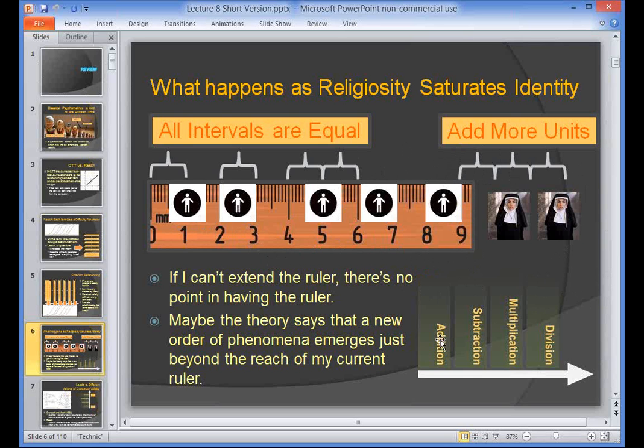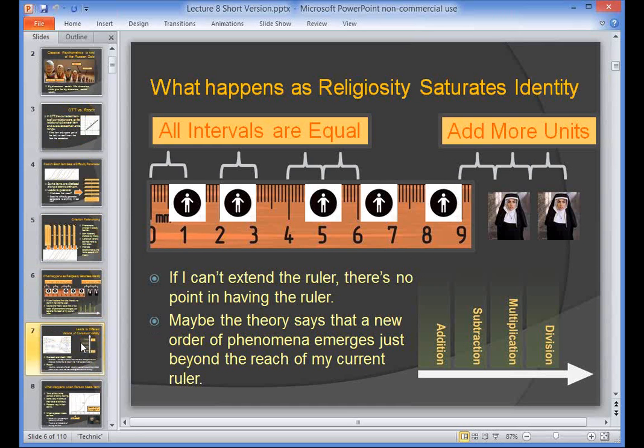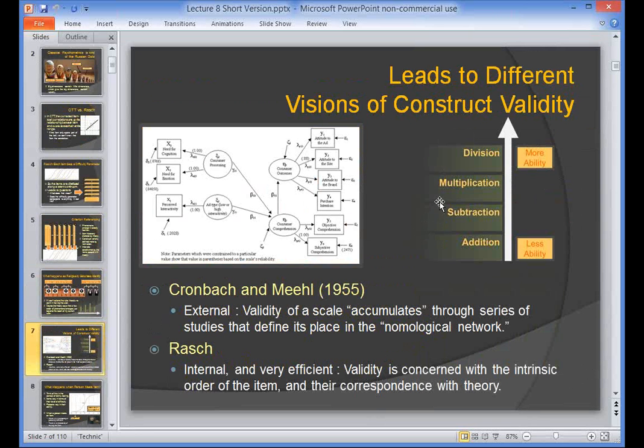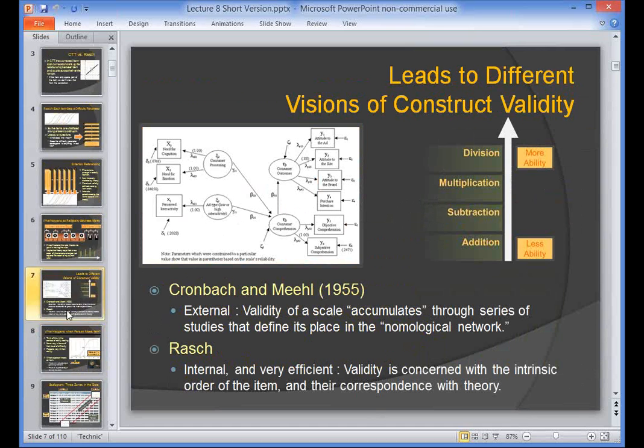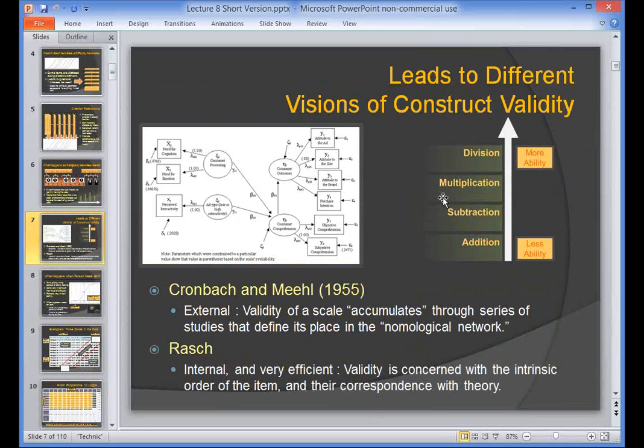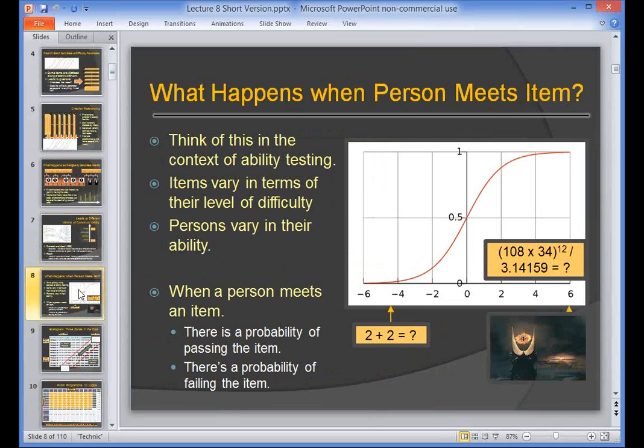Well, the theory tells us the item hierarchy. The Rasch analysis tests the item hierarchy and gives us a way of validating the items at the upper end of the item hierarchy. And as I said, these two notions of construct validity, they're two very different notions of construct validity. The Rasch notion of construct validity is actually intrinsically more efficient.